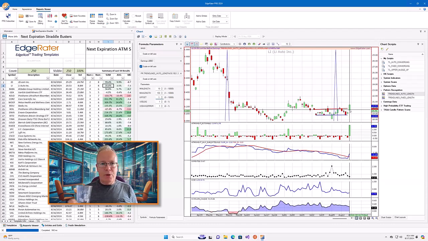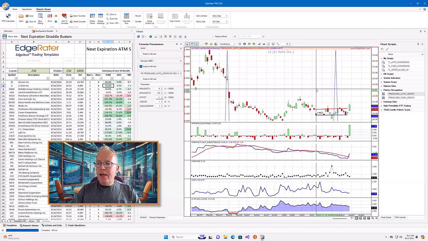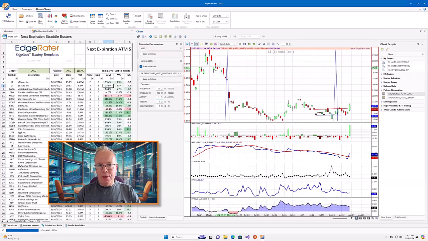A couple more things to point out on this particular template too. I'm looking at the chart layout, which comes with the straddle busting template, which contains a lot of information that you'll not see anywhere else in this template.